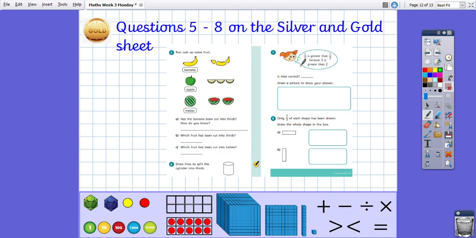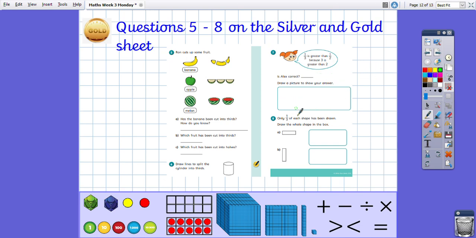Gold, on the same sheet, you are doing questions 5 to 8. Okay, so there is some fruit chopped up into pieces and you need to answer the questions. You need to draw lines to split the cylinder into thirds. You need to think really carefully about that one. And then Alex is here again and she thinks that 1/3 is greater than 1/2 because 3 is greater than 2.